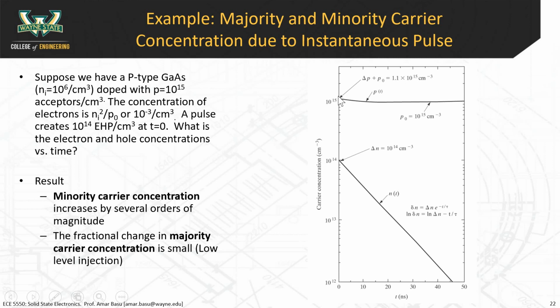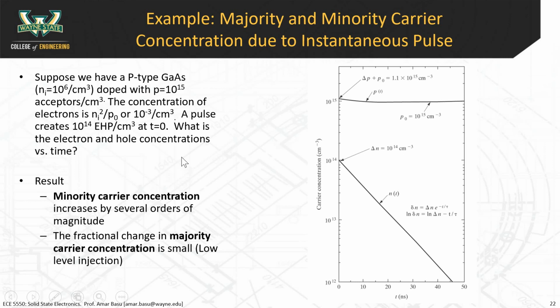When you turn off the light, the carrier concentration decays down to the equilibrium value over time. So t equals 0 is where you shine that light pulse. The next line shows the electron concentration, and notice this is on a log scale. Initially you have 10 to the 14th electrons at t equals 0.